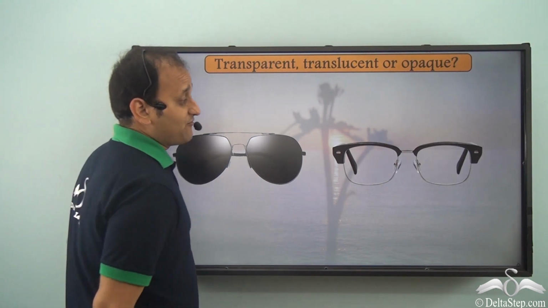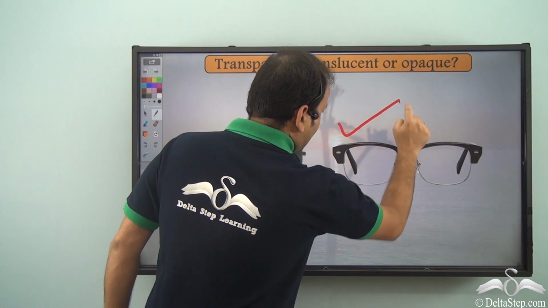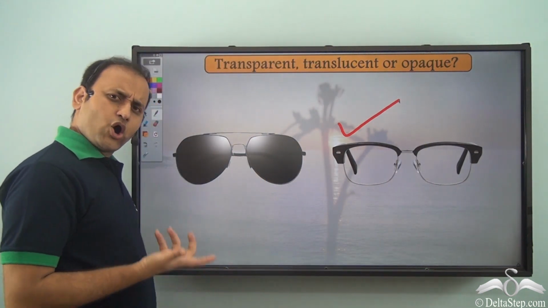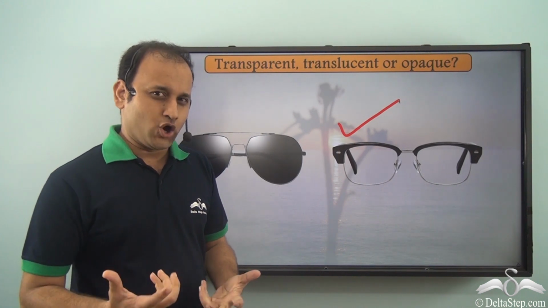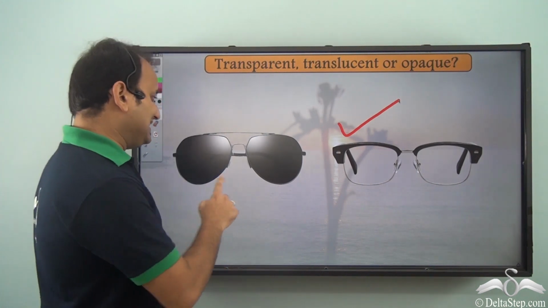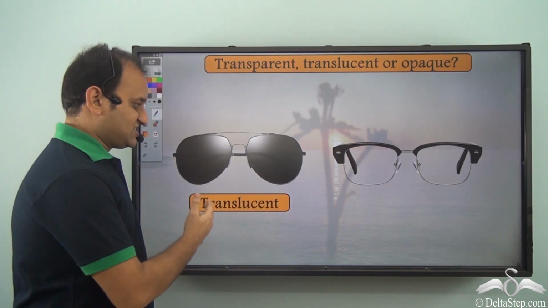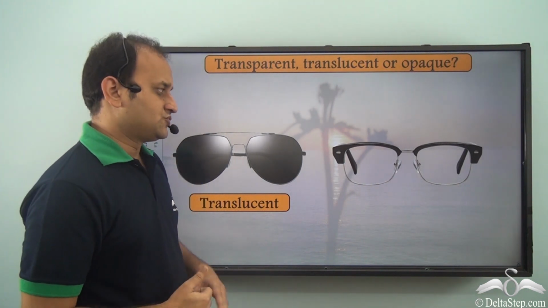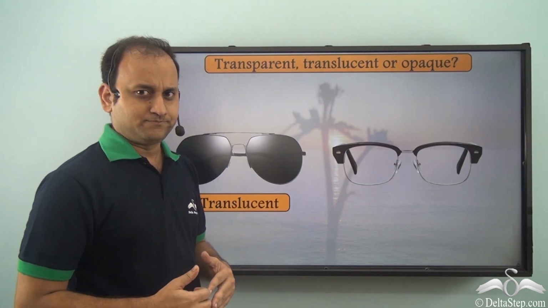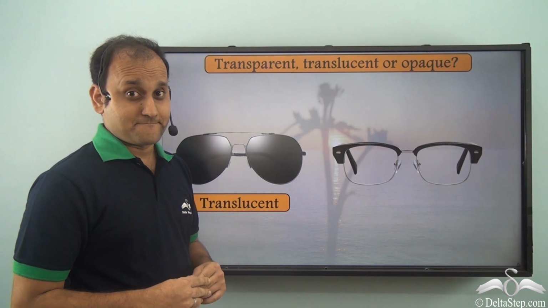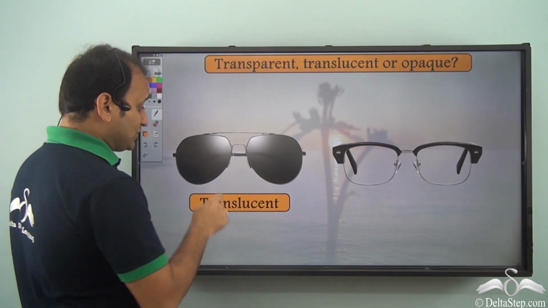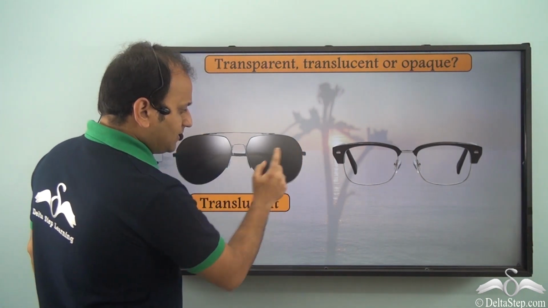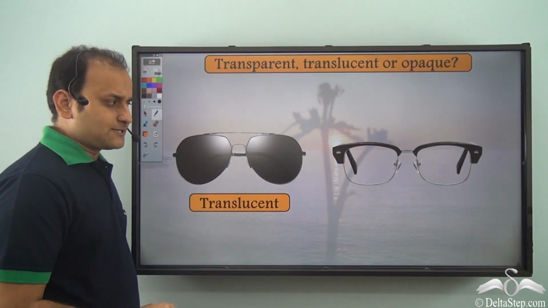So can you tell me what type of object this glass is? Well, are all glasses translucent, or transparent, or opaque? Well, this is definitely translucent. So is this translucent too? What do you think? Well, in this case, you can see behind it, but not very clearly, can't you?